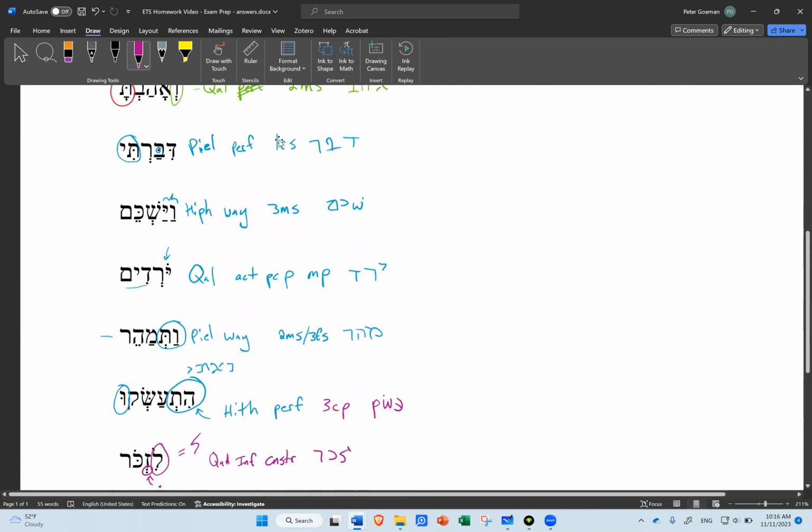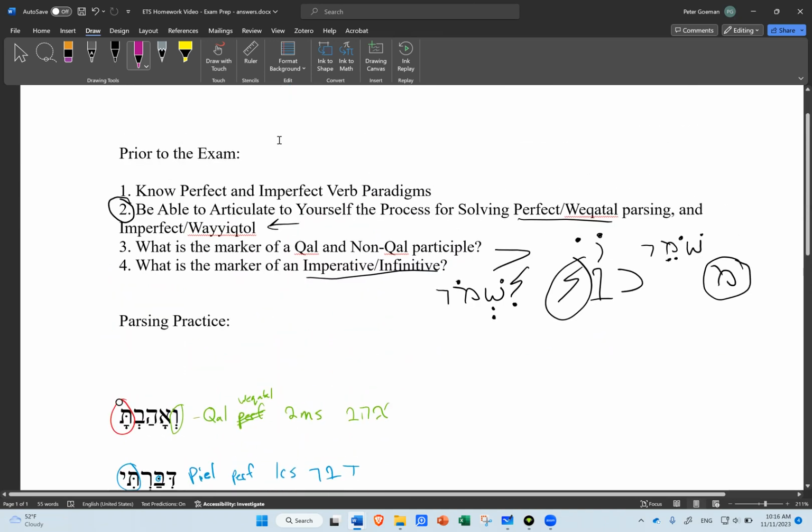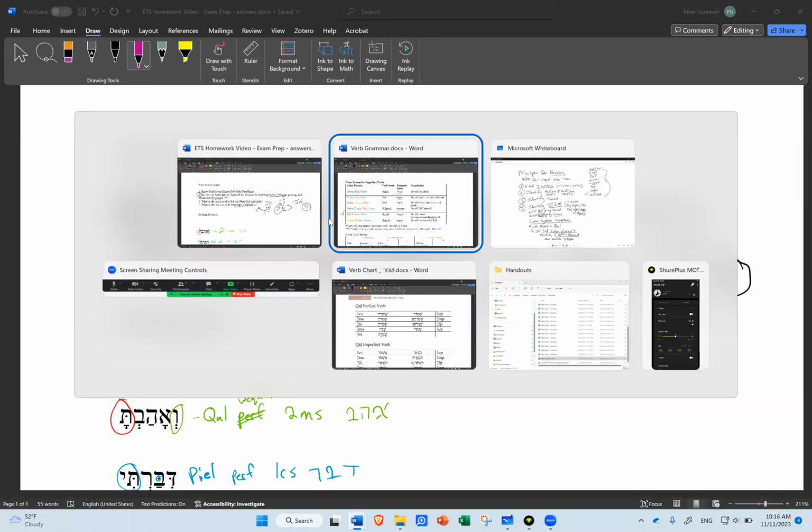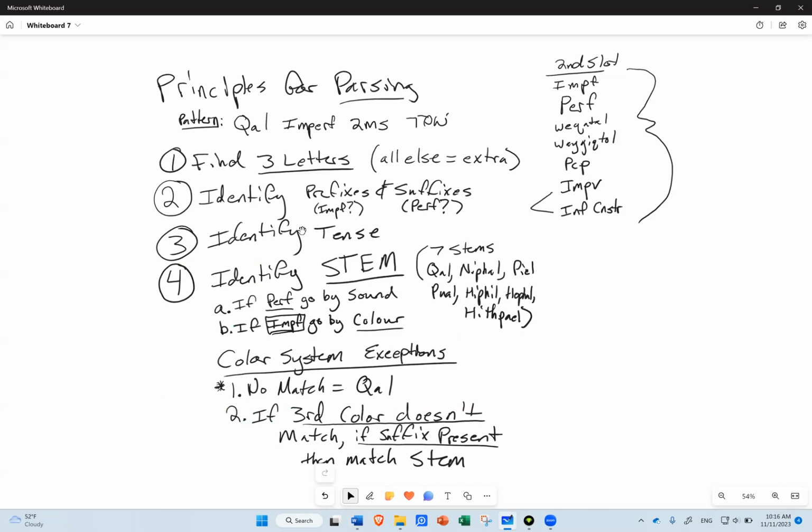You notice when we go through this, it's just very methodological, walking through and working through it all. It's just going to be very basic. There's not going to be any surprises. I just want to make sure you know the pattern, know how to do this. You're trying to identify the stem, identify the tense, and once you can do that, then you're able to figure that out.